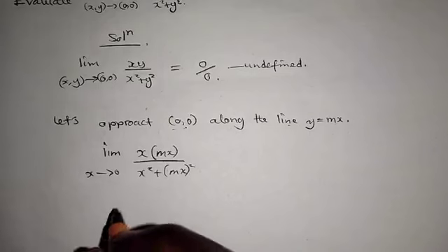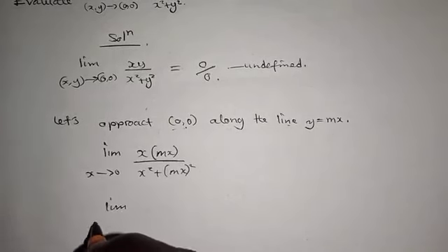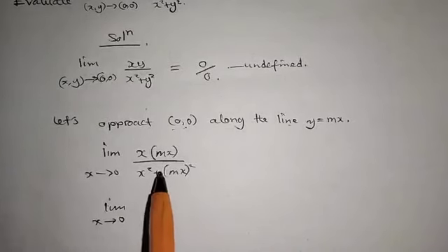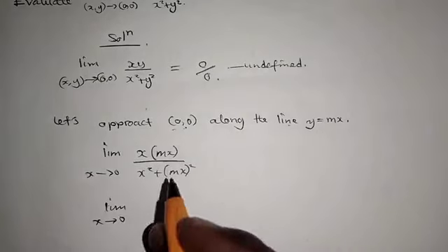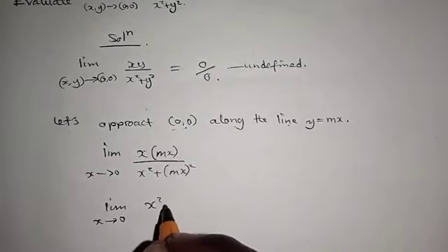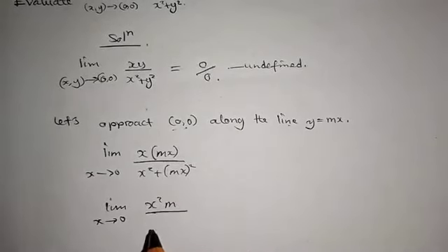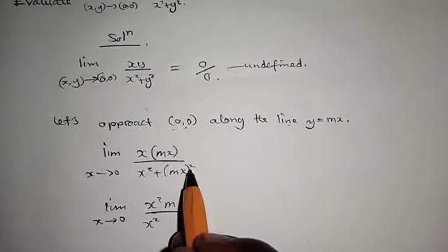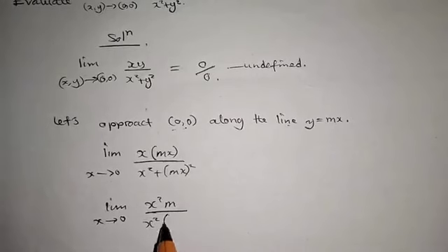So we can write this nicely, limit of x. We've left out y because we no longer have y in this expression. This gives us x squared m over x squared. We can factor out x squared here, and on this side is x squared, so we have x squared, then what remains on this side is 1 plus m squared.